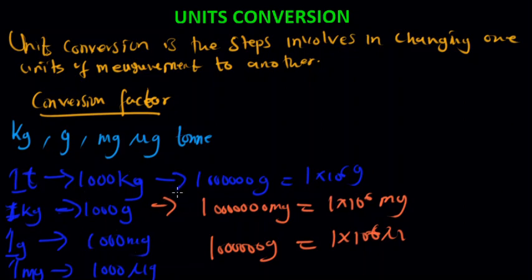So how do you convert from one unit to another? So let's say I've been given 2 kilogram and I should convert it into gram. Okay, so first of all I have to look at the conversion factor.